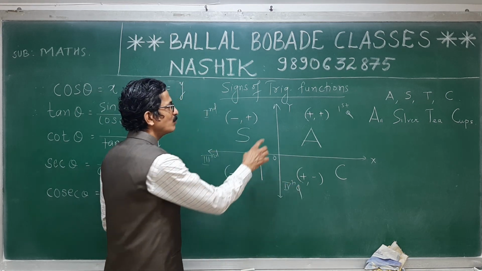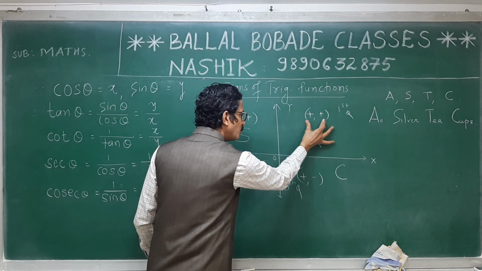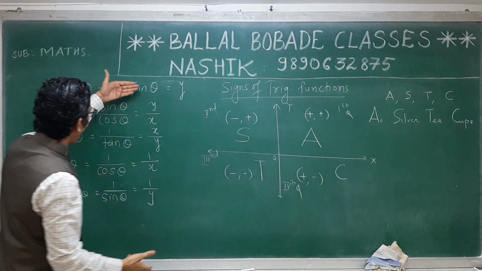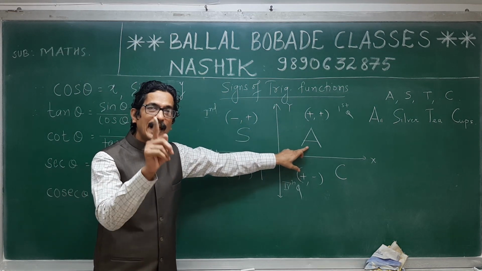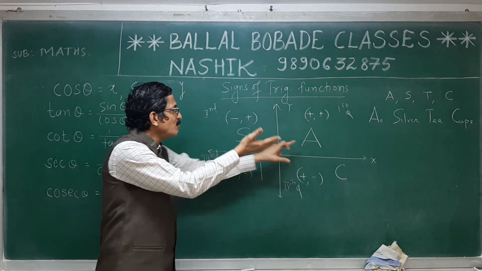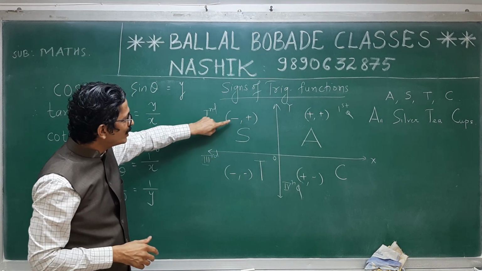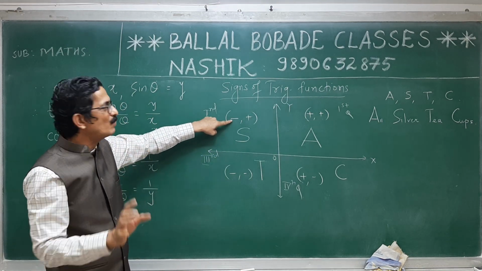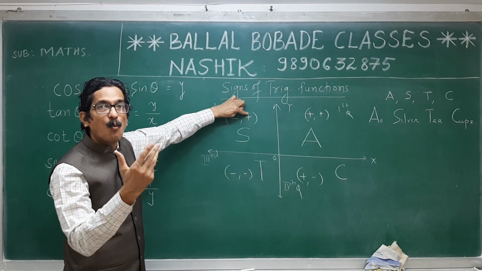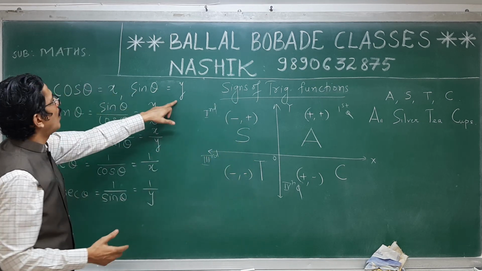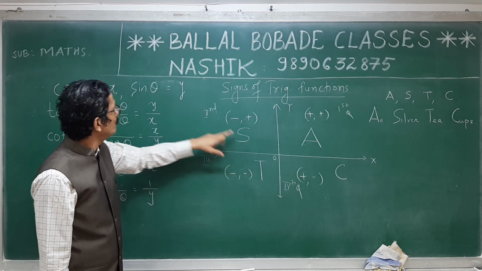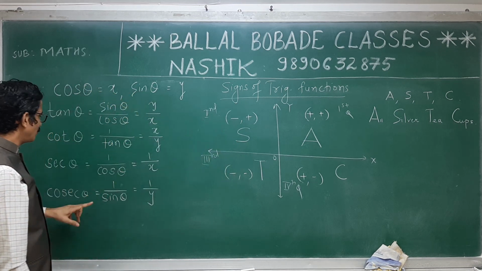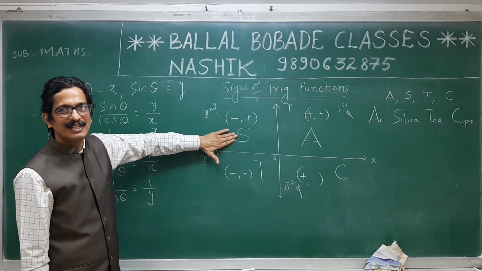Now, when it comes to first quadrant where x, y both positive, obviously all the trigonometric functions are positive, and that is why the word A has come. When you come to second quadrant, you know it is going to be x negative and y positive. Y denotes sine, and therefore S is written. Sine as well as cosec theta is positive in this quadrant.